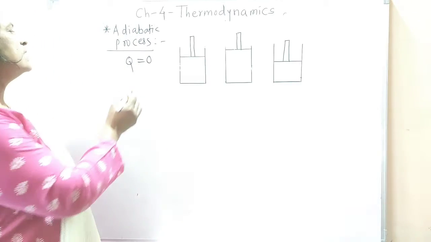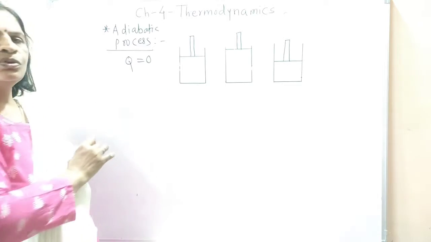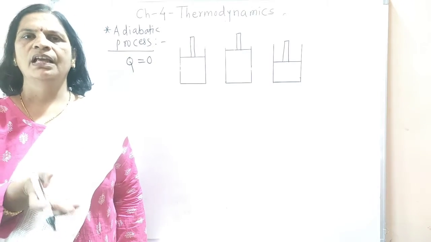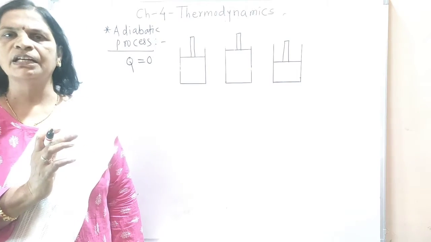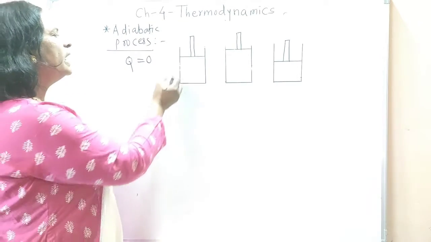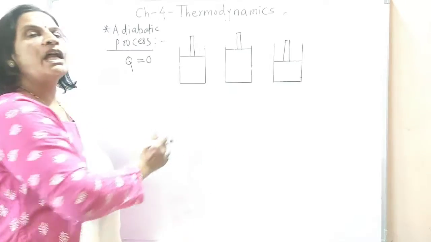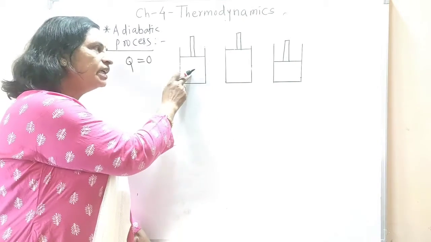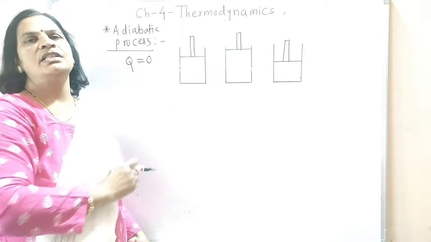And for this condition, no heat enters or leaves the system, and therefore during that process the boundary of the system should be insulating so that no heat enters or leaves the system.